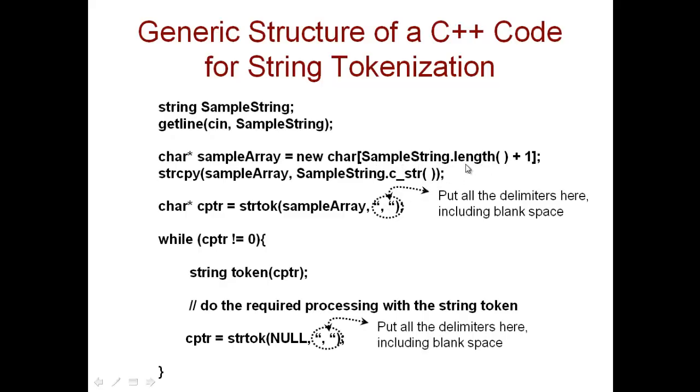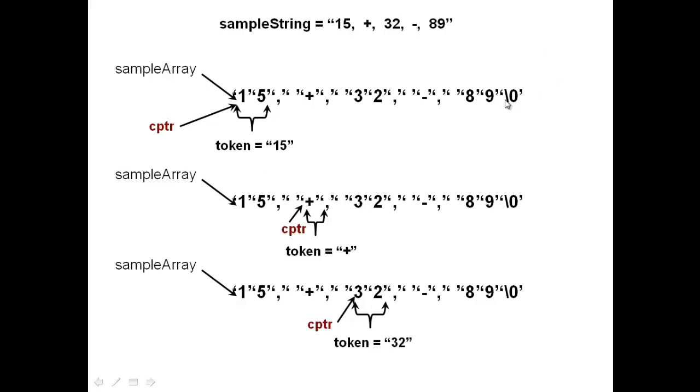The length function, or even the size function, you can use either one of them, will return the number of characters in the string. And you may think that's the length of the string, so I should specify that as the length and create the character array with new char. But you see I add a +1 to it, because in C the last character of a string stored as a character array is this \0.